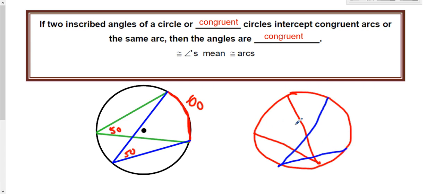And if we knew that this arc was the same measure as this arc, then these angles would be equal. For instance, if this arc was 100 and this arc was 100, then these angles aren't intercepting the same arc, but they're intercepting arcs that are the same size, so these angles are the same measure. That's about all they're saying there.